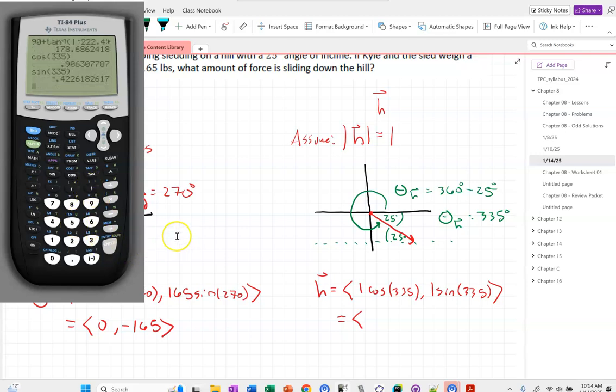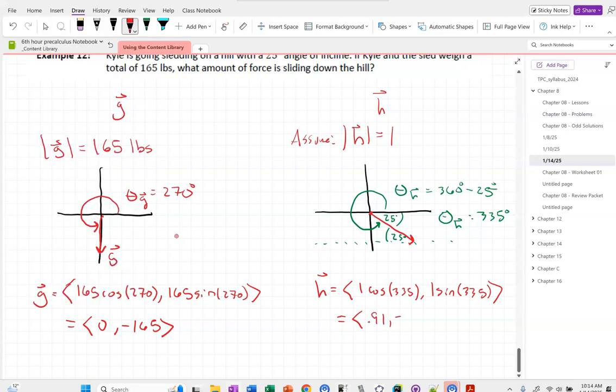So I have 0.91, comma 0.42. Meant negative 0.42, excuse me. Everybody so far so good?